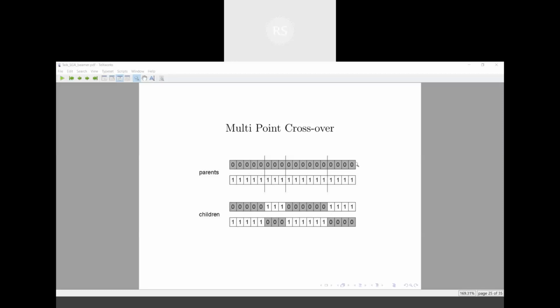Kindly have a look at these two diagrams, and you will see that this one part is common to both the children, but these two parts are interchanged. Look at the slide and kindly tell me after 1 minute or so whether the multi-point crossover concept is clear. I'll wait. Have a look at the diagrams.